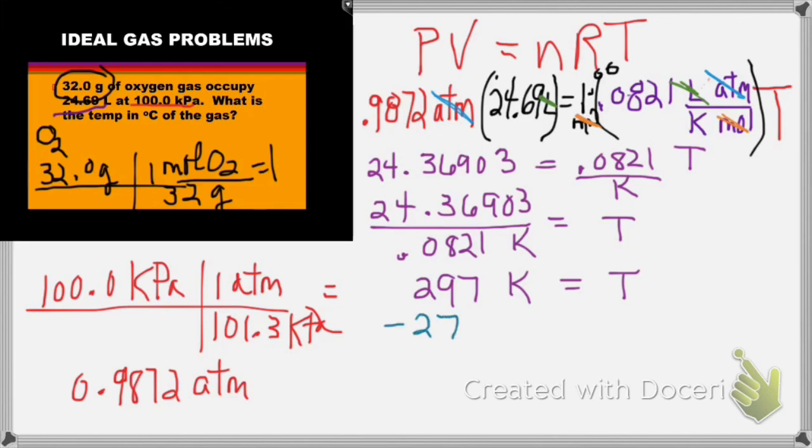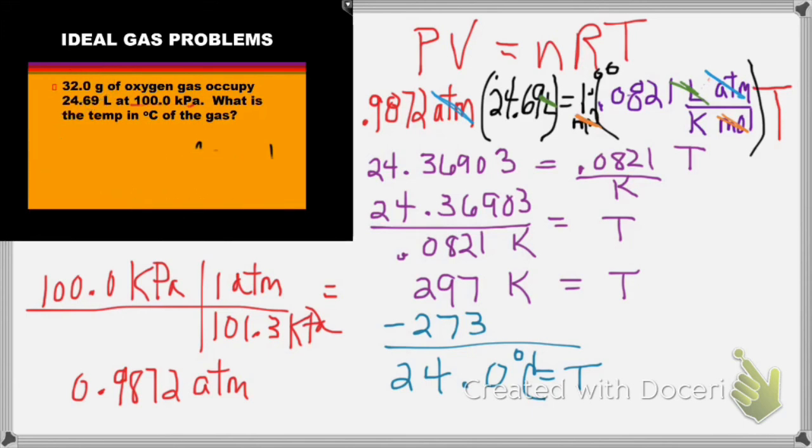So we'll have to subtract 273 from that, and our final answer would be T equals 24.0 degrees C. 3 significant digits, because if we look at our original data, we see that all of the information given was either in 3 or 4 significant digits, so we go with the 3.